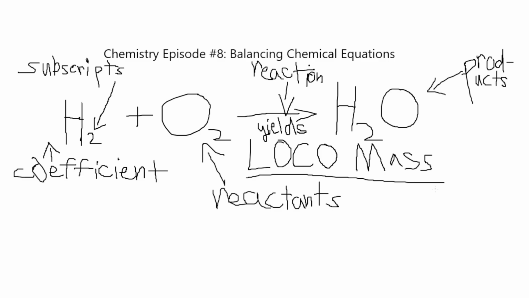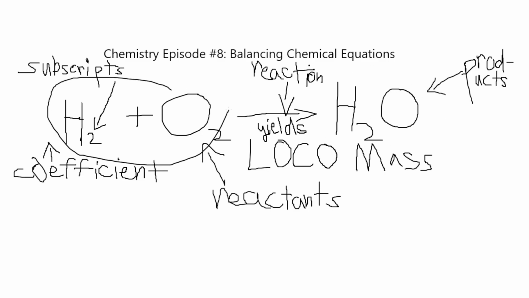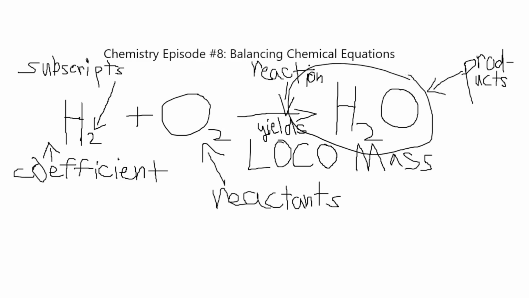So that means that the number of atoms of an element on the reactant side needs to be the same as the number of atoms of those same elements on the product side. So basically this side and this side need to be equal, just like in a math equation, right? If both sides aren't equal, then the equation is false. So to make them equal, we can balance chemical equations, right?